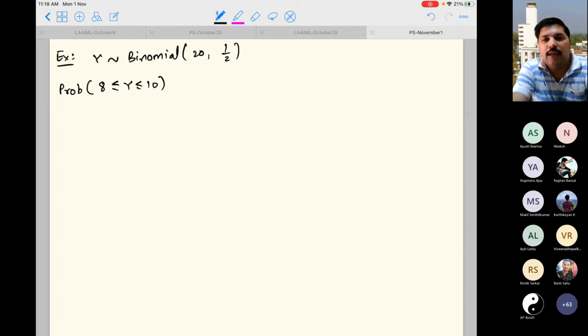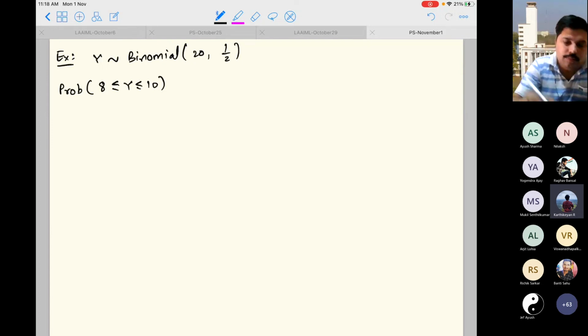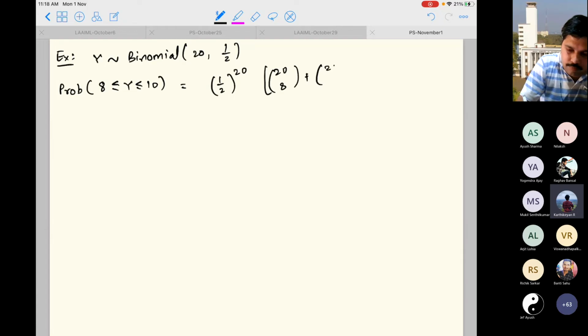How will you calculate this directly? Can you use the binomial formula here? Obviously you can, because Y is binomial with 20 and 1/2. It is 1 by 2 to the power 20 into 20C8 plus 20C9 plus 20C10.